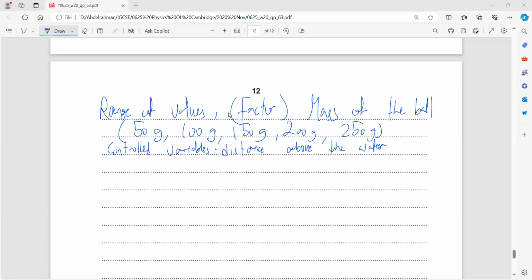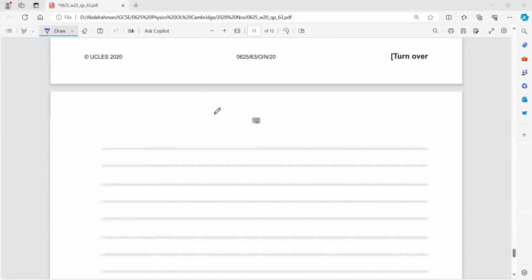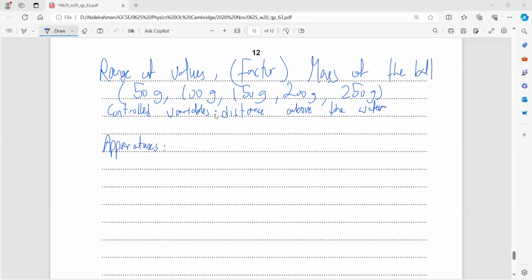What are some apparatuses that I will need? Maybe a balance scale to measure the ball. Let's check if he gave me any apparatuses: modeling clay, metal ball, transparent container. Okay, we can use a balance. What else? Meter ruler, yes.